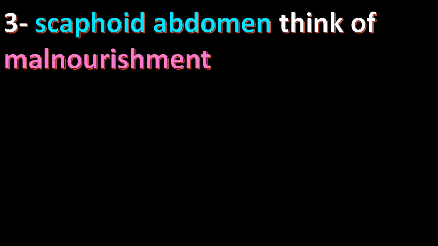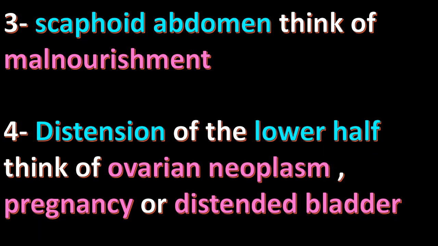In the presence of a scaphoid abdomen, we think of malnourishment. And in the presence of distension of the lower half of the abdomen, we think of an ovarian neoplasm, pregnancy, or distended urinary bladder.